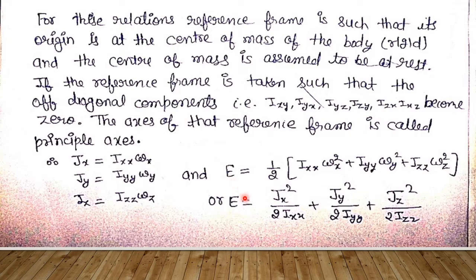E can be written as Jx square upon 2 Ixx plus Jy square upon 2 Iyy plus Jz square upon 2 Izz.